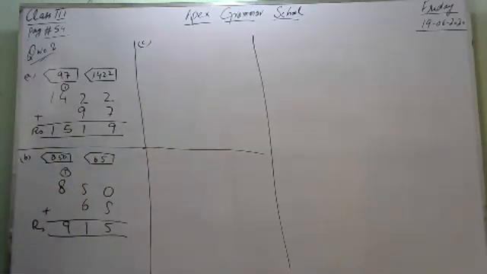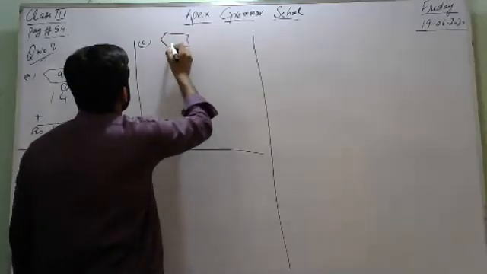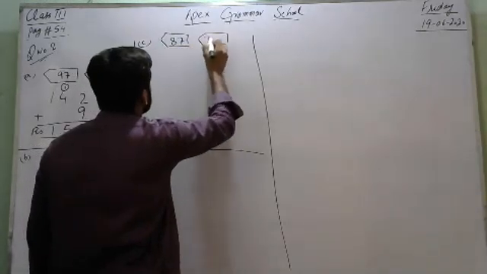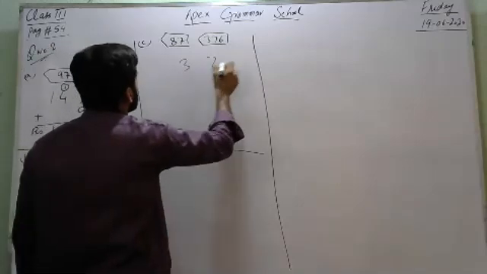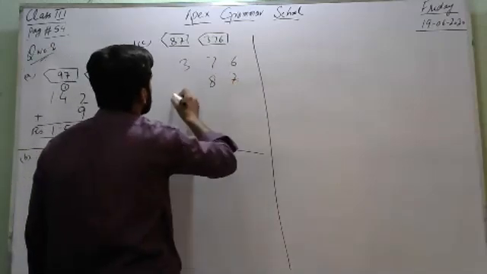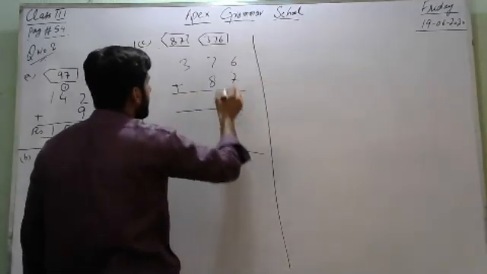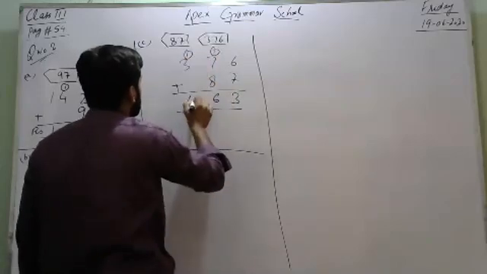C part is 87 rupees and 376. 7 plus 6, 13, 3. 1 carry, 8 and 8, 16. 1 carry, 3 plus 1, 4.